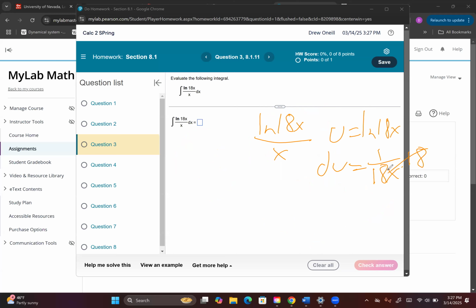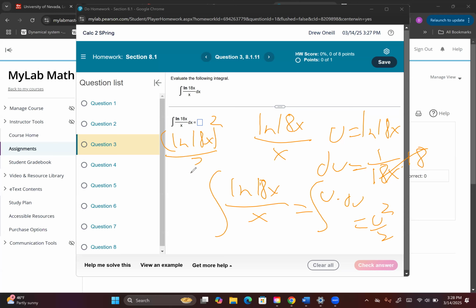So they cancel, we get 1 over x, that's what we have. So this actually is the same problem. So this becomes u times du, the antiderivative, which is going to be u squared over 2. So our u is ln 18x, so it's this squared over 2, okay?